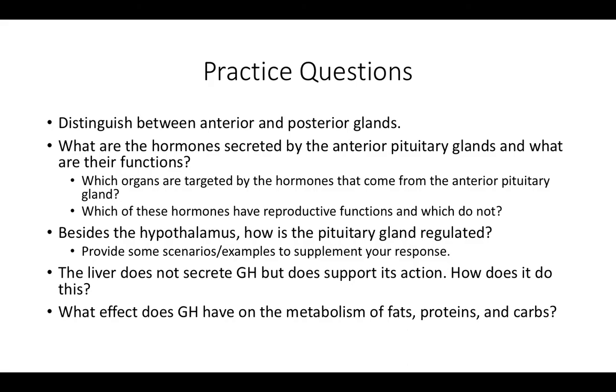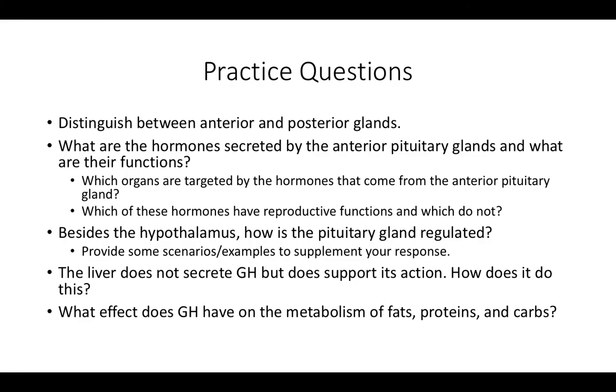We talked about gonadotropin, so make sure that you understand not only which hormones are produced by the anterior pituitary, but which glands are targeted by the hormones that are produced by the anterior pituitary. Which of these hormones have reproductive functions and which ones do not, right? So we talked about gonadotropins and other ones that have effects on the reproductive system or reproductive organs.